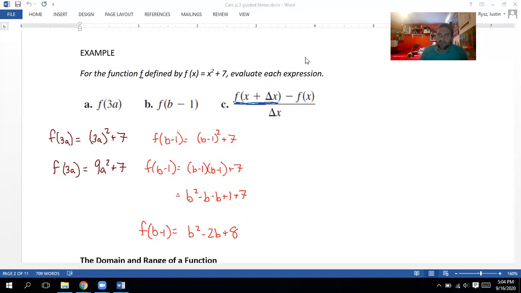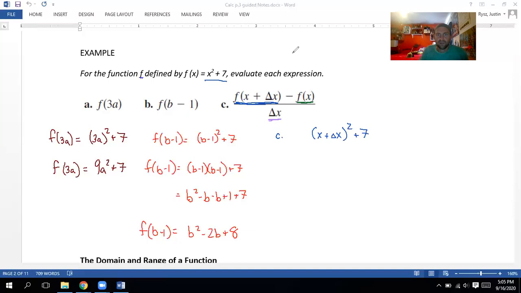Then we're going to put f of x, and then divide by delta x on the bottom. So let's start with f of x plus delta x. That means we take this equation and replace the x with x plus delta x. So this is part C. This is going to be (x plus delta x) squared plus 7. So far, so good.